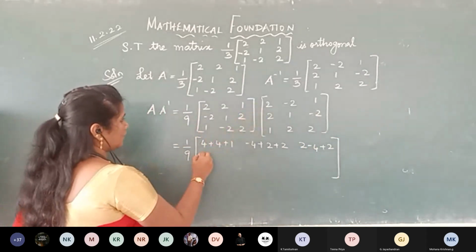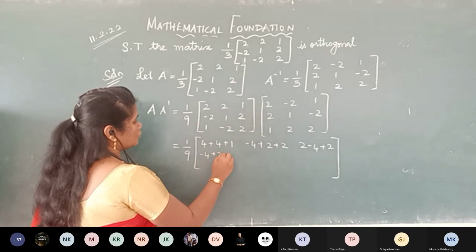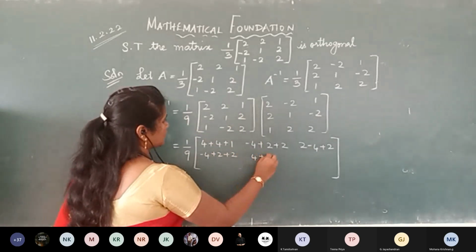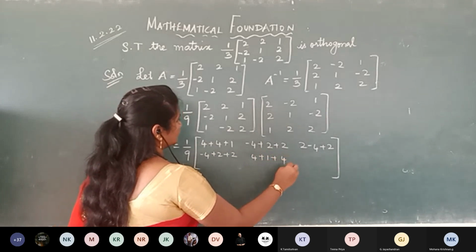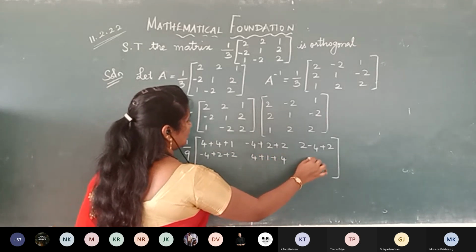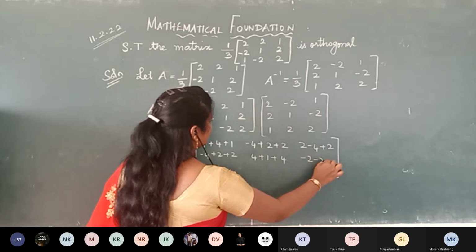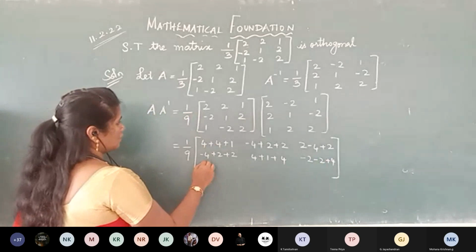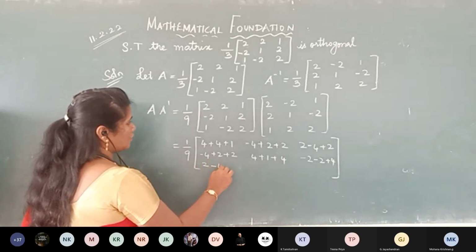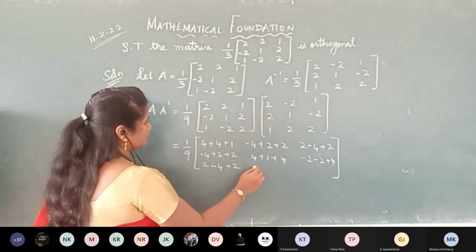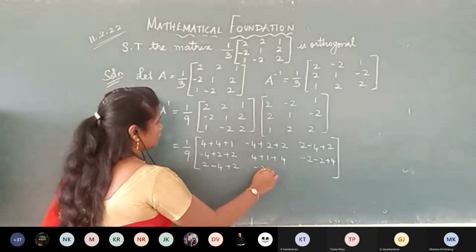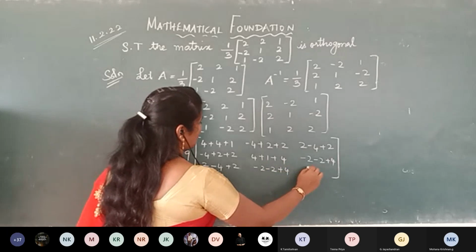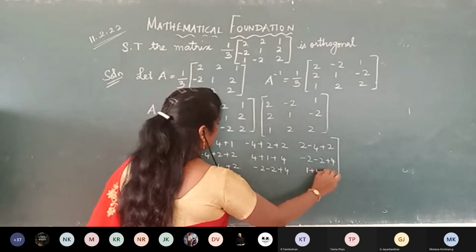Second row, first column, minus 4 plus 2 plus 2, 4 plus 1 plus 4, minus 2 plus 4, 2 minus 4 plus 2, minus 2 plus 4, 1 plus 4 plus 4.